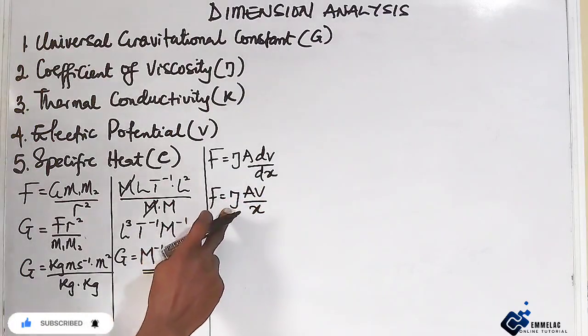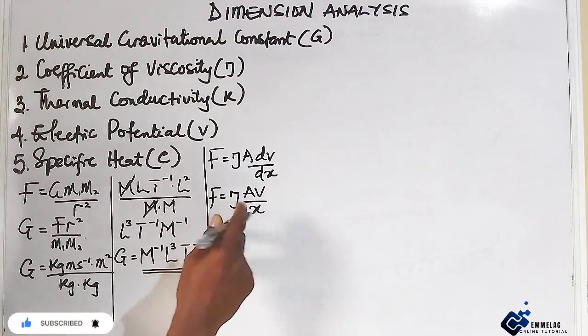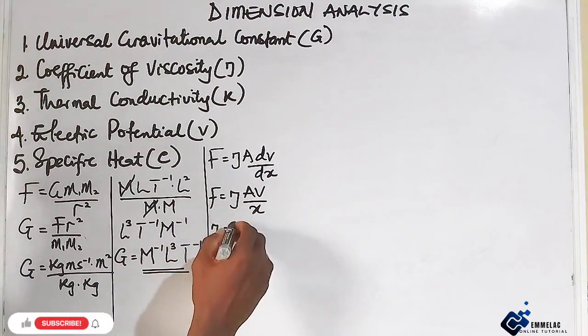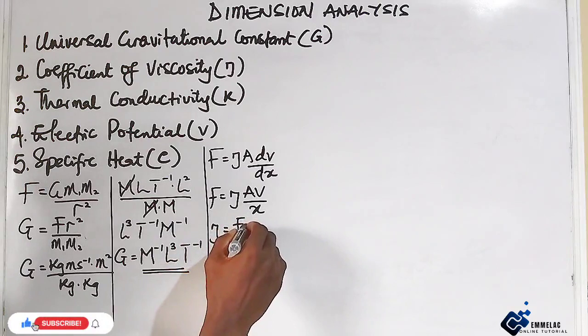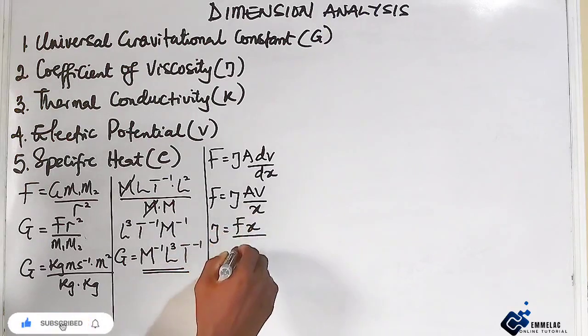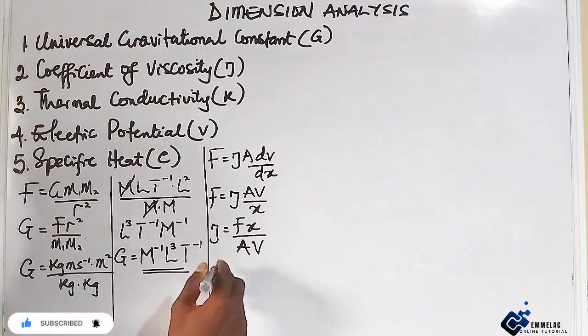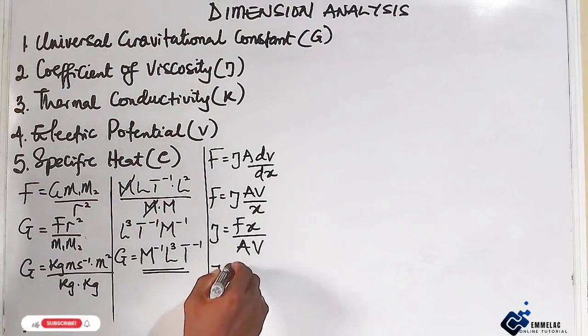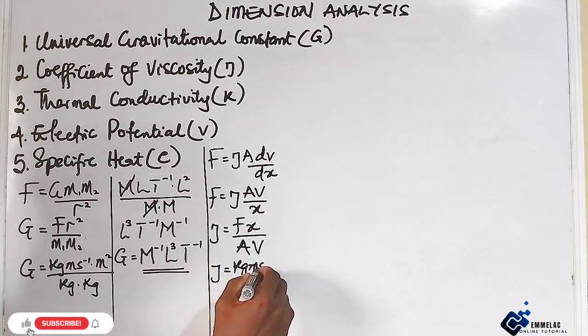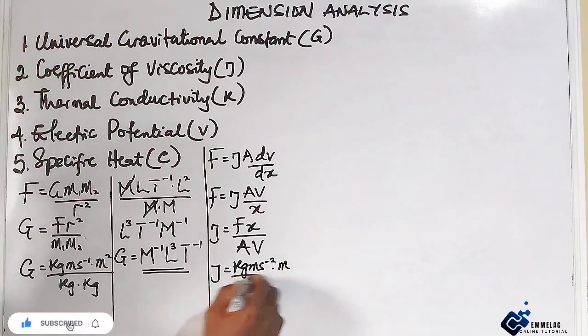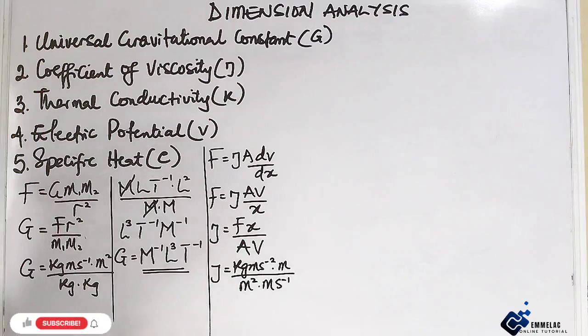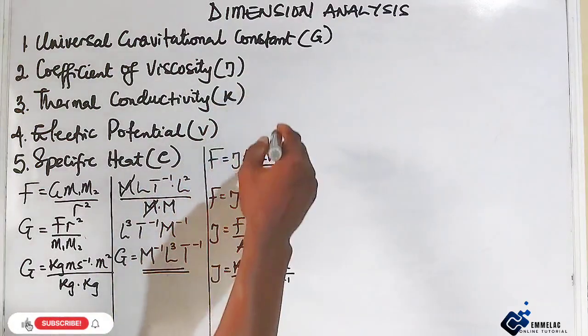Making the coefficient of viscosity the subject of relation, we have F x all over A v. Now putting this in their units, the force is kilogram meter per second squared, times meter, all over area, which is in meter squared, then velocity, which is meter per second.